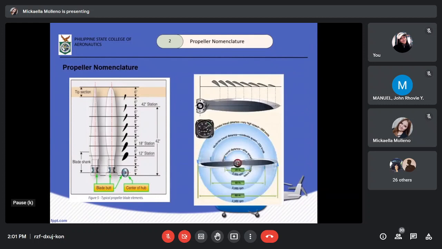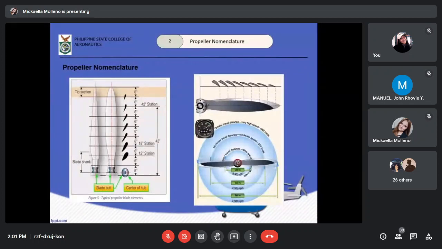So, when it comes naman sa section na nagpo-produce ng most of the thrust, the middle section generates most of the thrust. Take note of that. Bakit? Since this section kasi yung shape niya and twists are designed to be aerodynamically efficient.